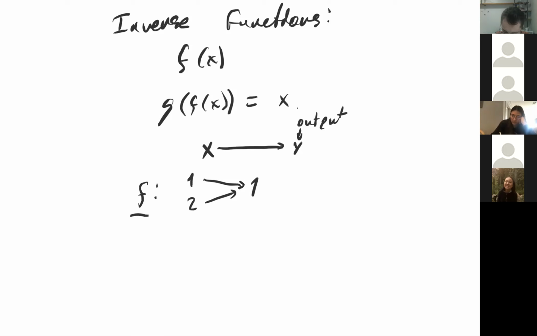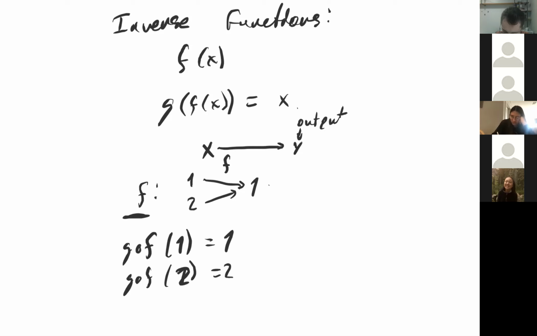So suppose that f has an inverse. What would the inverse function do? Okay, well, we know that g composed with f has to give you back the identity, right? So that means that g composed with f, if you put in 1, you have to get out 1, and g composed with f of 2 also has to give you 2, okay? And so let g be over here.